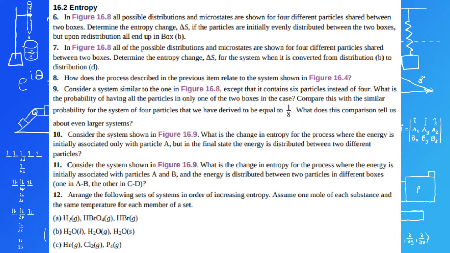Let's see. If we're just assigning the particles randomly to one box or the other, then there's a 1 in 2 chance for the first particle to be in the left box and a 1 in 2 chance for the second, times a 1 in 2 chance for the third and the fourth and the fifth and the sixth. So it's 1/2 raised to the 6th power.